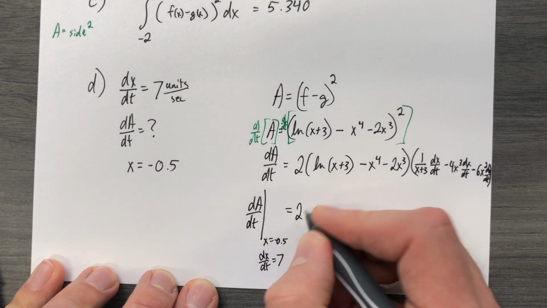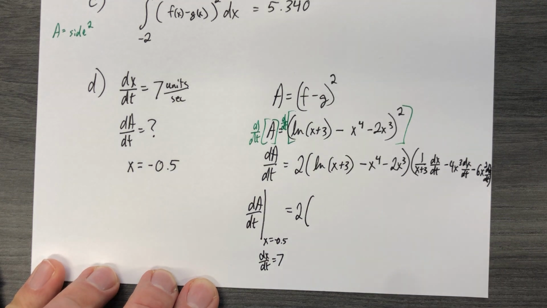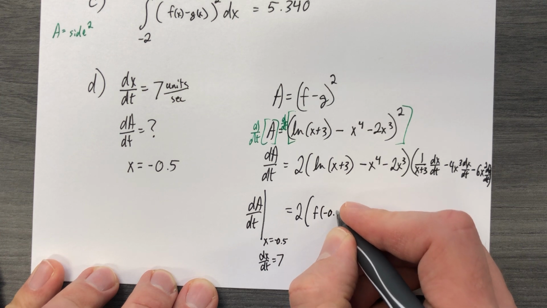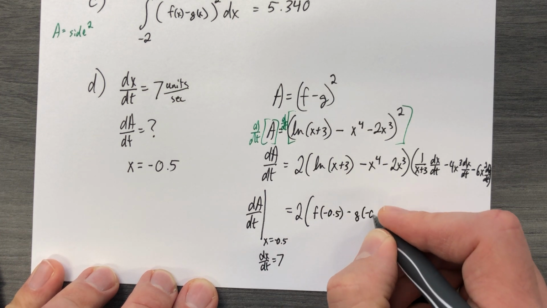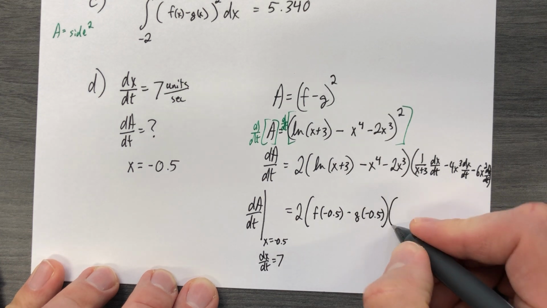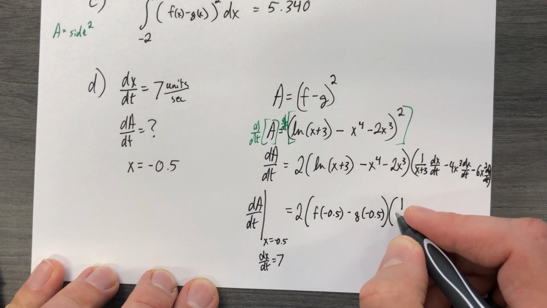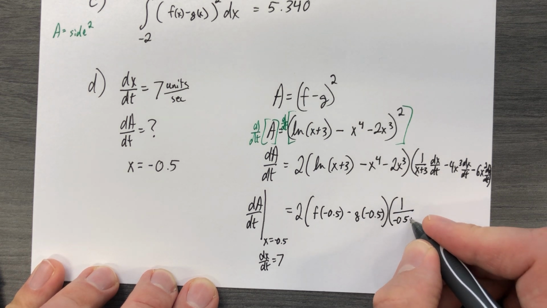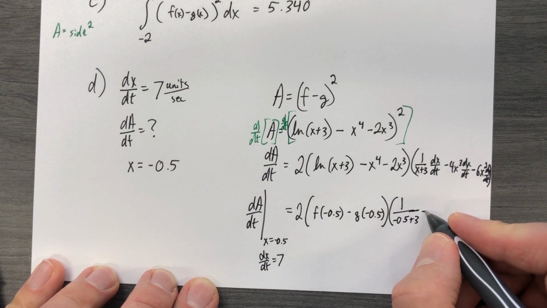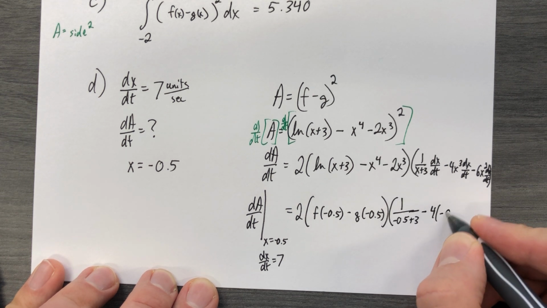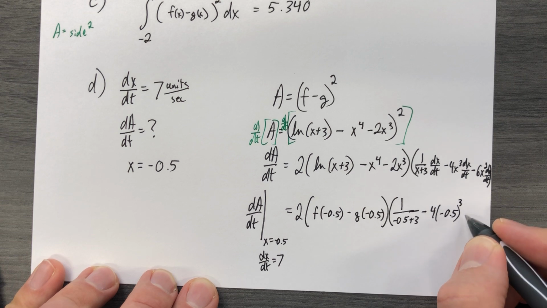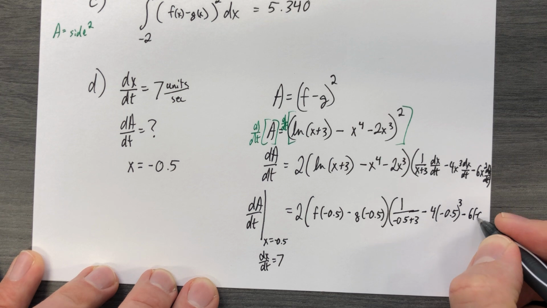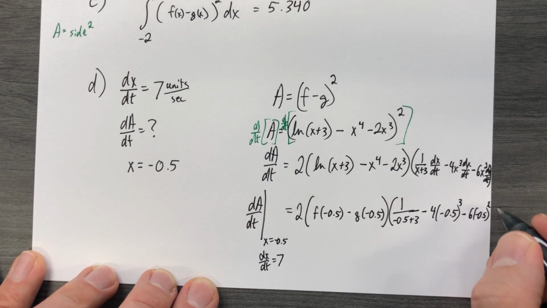So let's go. 2 times. Okay. I'm going to switch back to using f and g now. So f of negative 0.5 minus g of negative 0.5 times 1 over negative 0.5 plus 3 minus 4 times negative 0.5 cubed minus, by the way, I'm about to factor out this dx/dt, minus 6 times negative 0.5 squared.